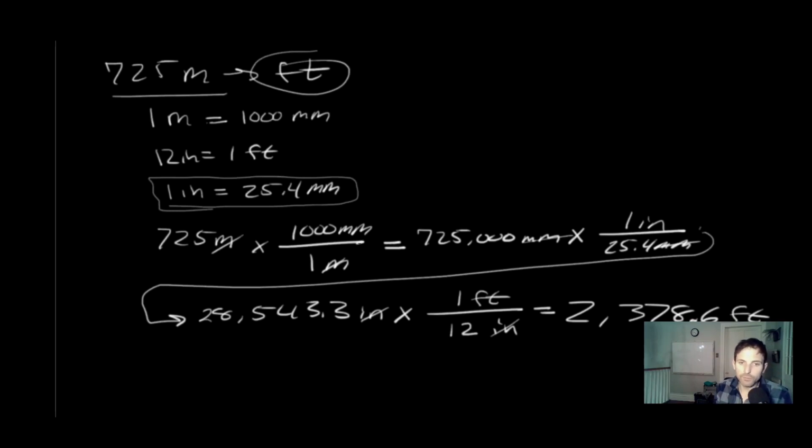I converted the meters to millimeters, and then the millimeters to inches, and then inches to feet. And I end up with the same thing. So sometimes your dimensional analysis will involve multiple steps. And that's okay, right?